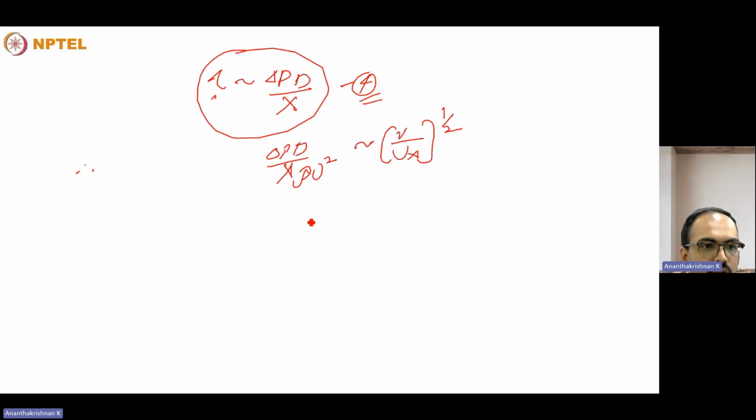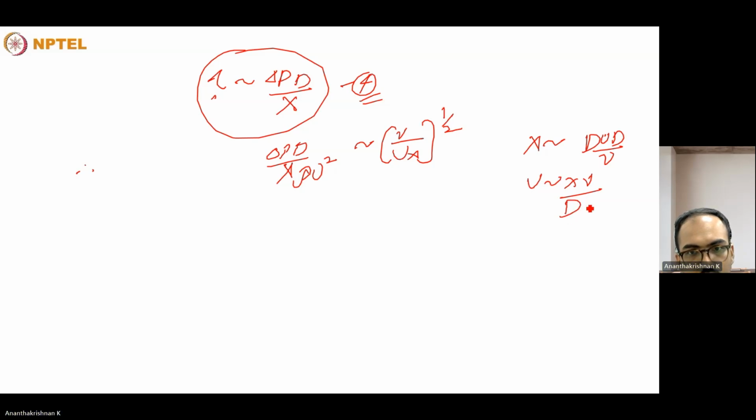So we can write u from the first equation. x is scaled as d into u d divided by nu. Therefore, u can be scaled as x nu divided by d squared.